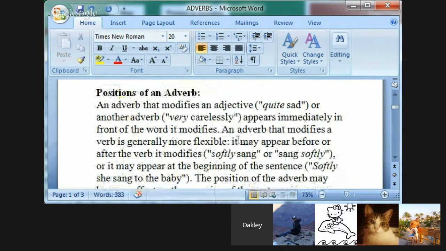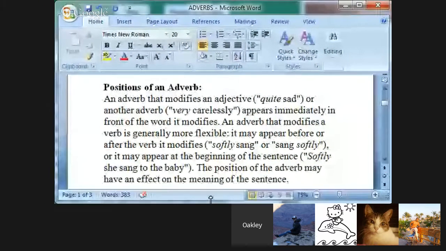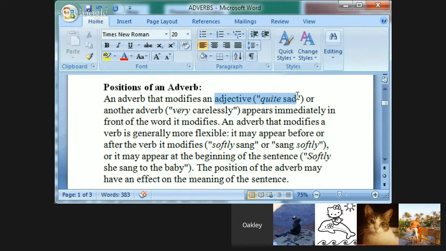Okay, I've been talking a lot this week about positioning adverbs in sentences, kind of wrapping it up with this class. An adverb that modifies an adjective, for example, quite sad, or another adverb, as in, for example, very carelessly. Very is an adverb, carelessly is an adverb.